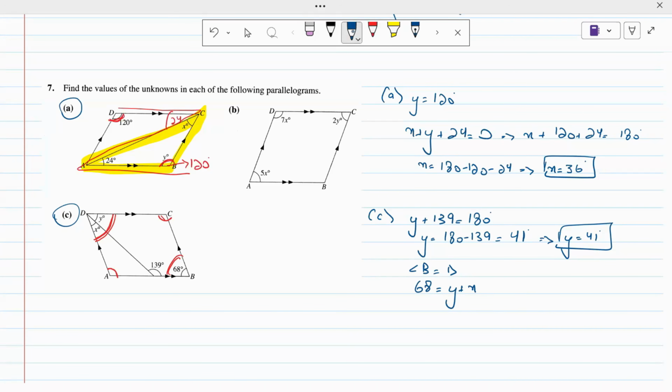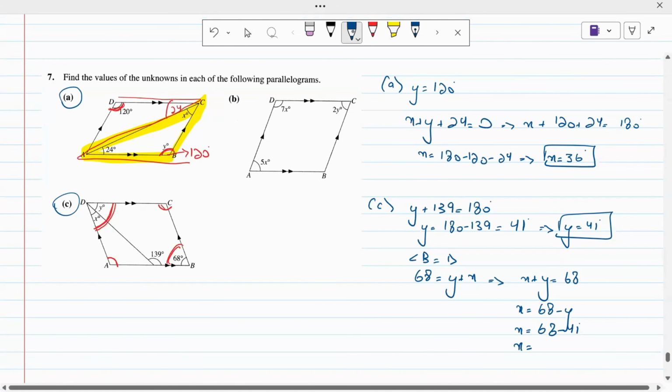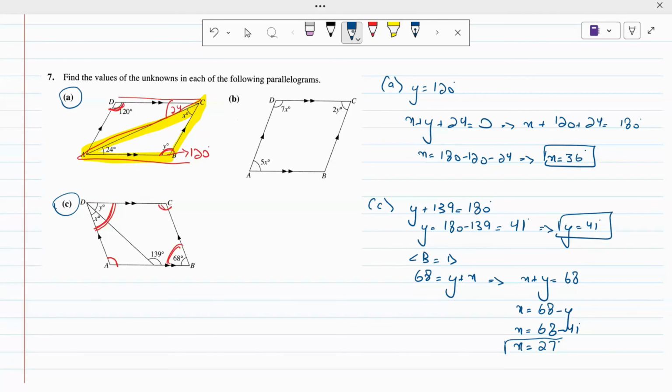So the equation for x is x plus y is equal to 68, so x is equal to 68 minus y, and x is equal to 68 minus 41, which gives us x as 27.